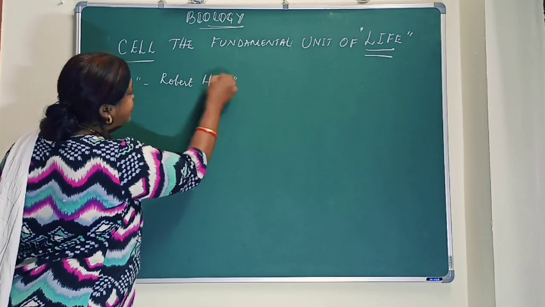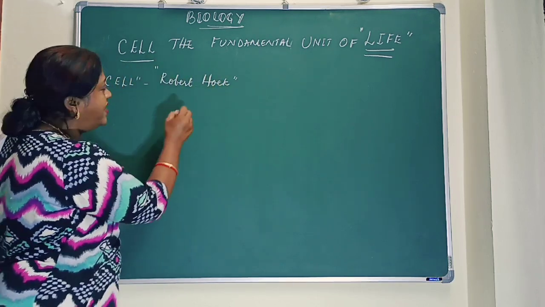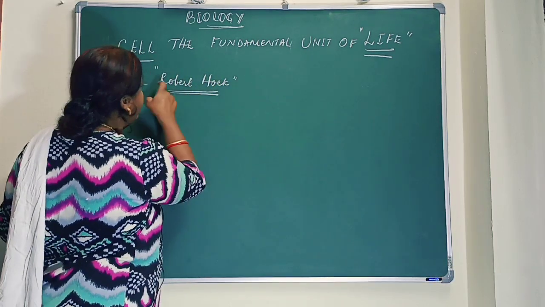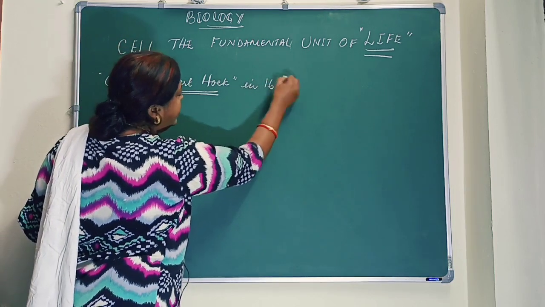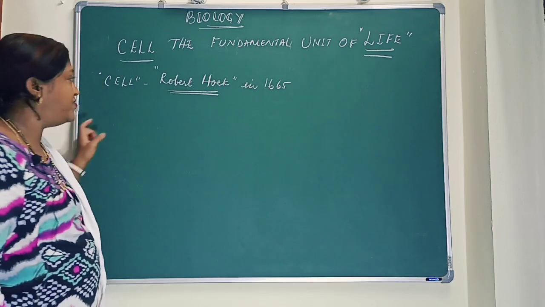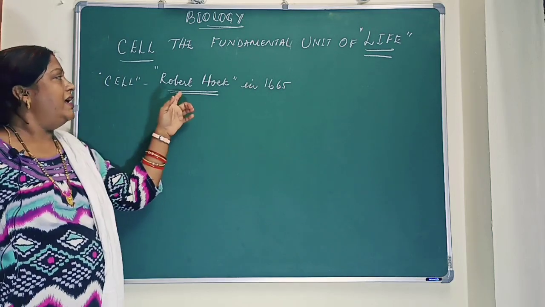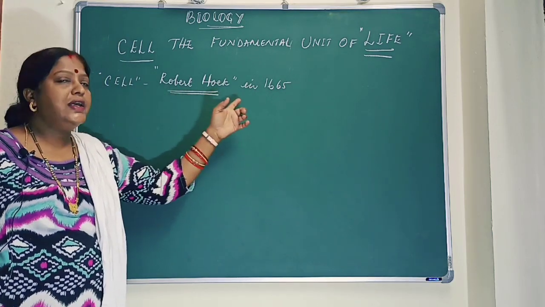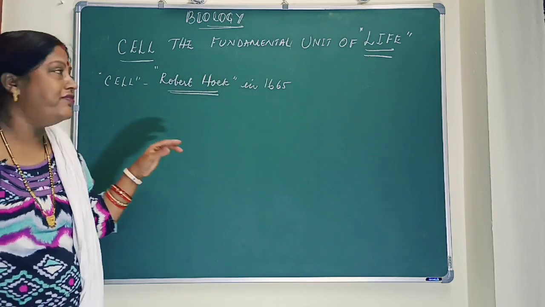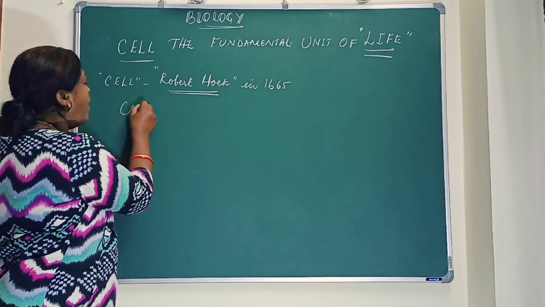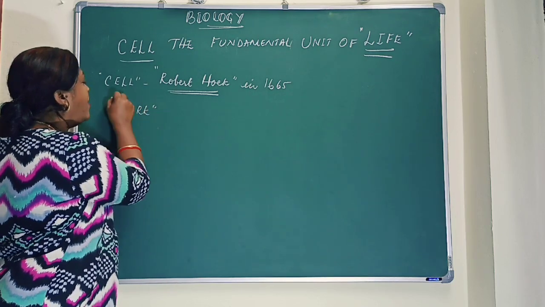Robert Hooke used to write his name as H-O-O-K-E, and from that time, Robert Hooke in the year 1665 first discovered cell from the cork of a tree. What is this cork?